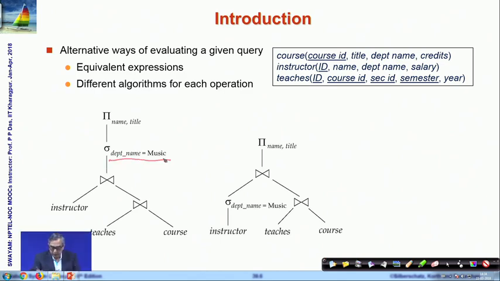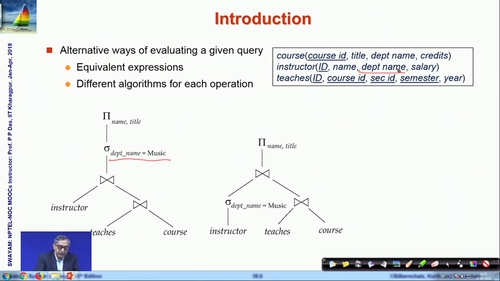Looking into these relations, instructor has the department name attribute. So, after this join, for a tuple to qualify through this selection, the department name of that joined tuple must be music, otherwise it will not get selected.